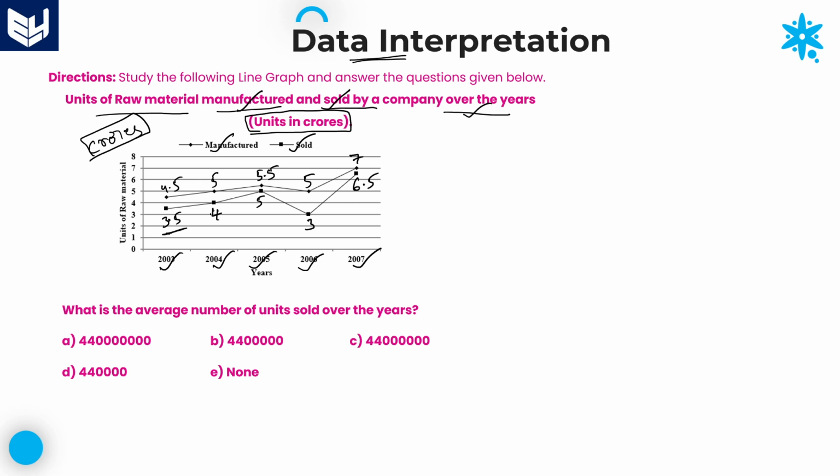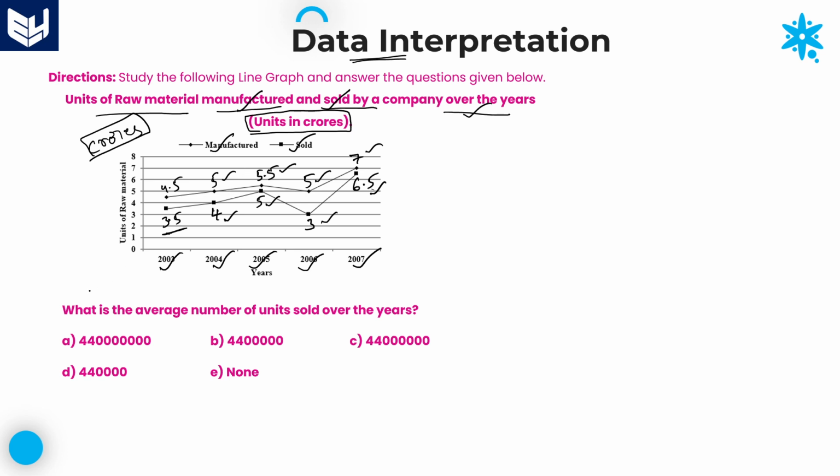In that way, in each and every year, out of 5 crores, 4 crores are sold. Out of 5.5, 5 crores are sold. Out of 5 crores in the year 2006, 3 crores are sold. Out of 7 crores in the year 2007, 6.5 crores are sold out. This is the complete information about this particular line graph data interpretation.